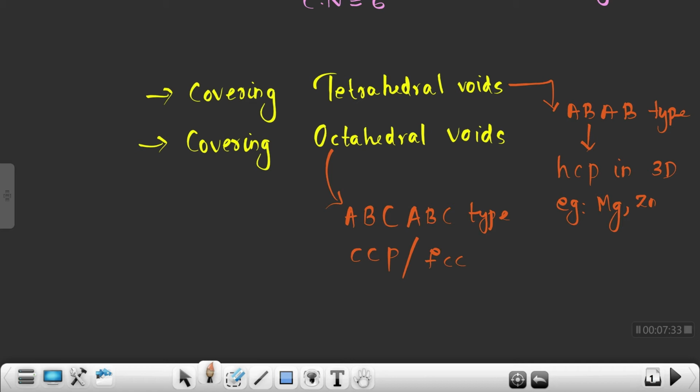Here in HCP and CCP, 74% of space is occupied by the spheres, so both are equally efficient. That means here the voids are covered, so these are the more efficient packing arrangements.